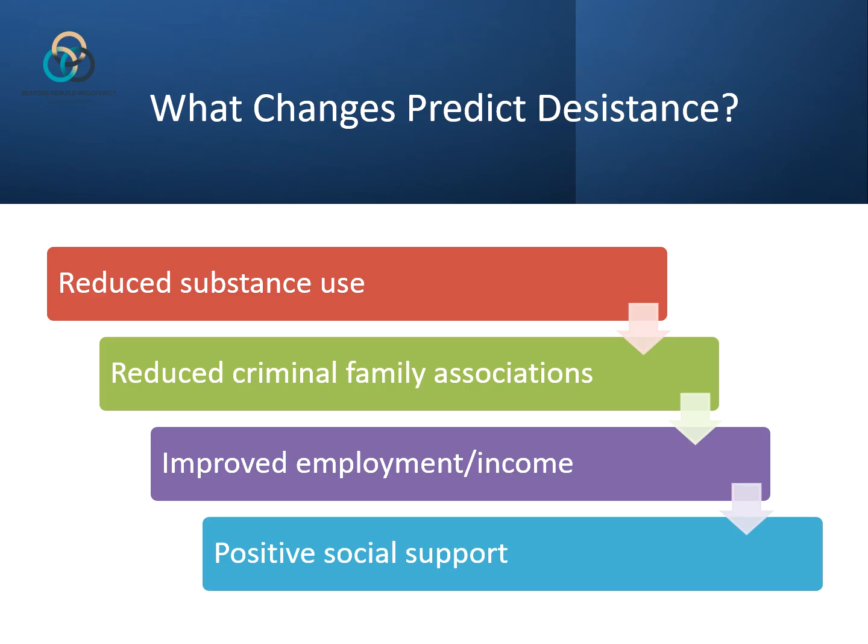We see here reduced substance use, reduced criminal family associations, improved employment and income, and having positive social support. So out of all the needs, research shows us that these are the things that predict desistance, them quitting or cutting back substance use.